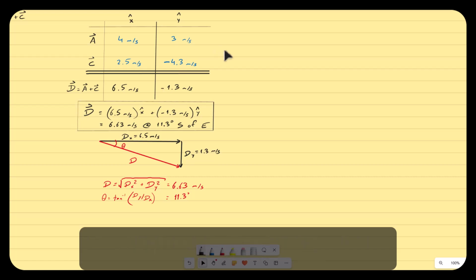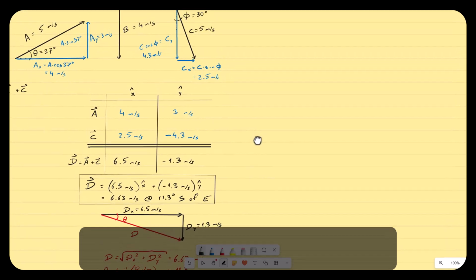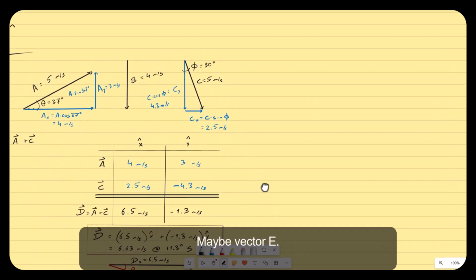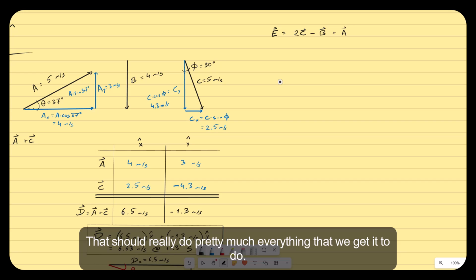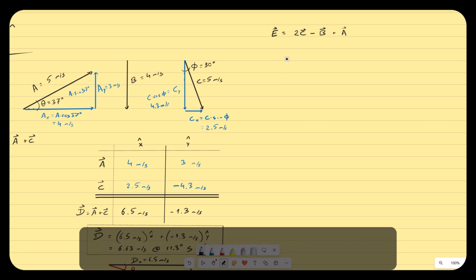I'm going to do another one. Maybe vector E. Let's make E a complicated one. We'll go 2C minus B plus A. That should really do pretty much everything that we can get it to do. So I'm going to write these vectors in.